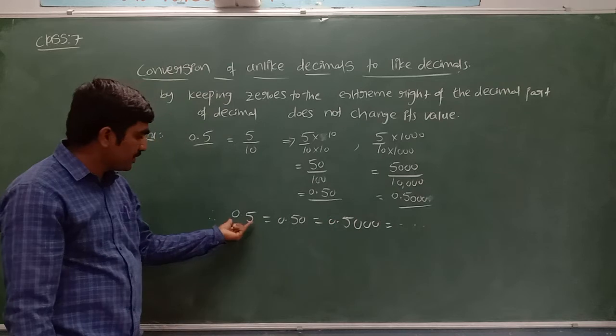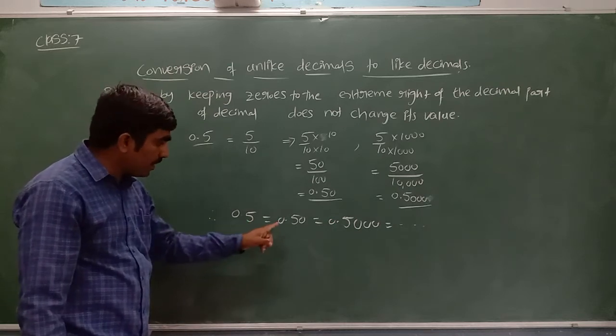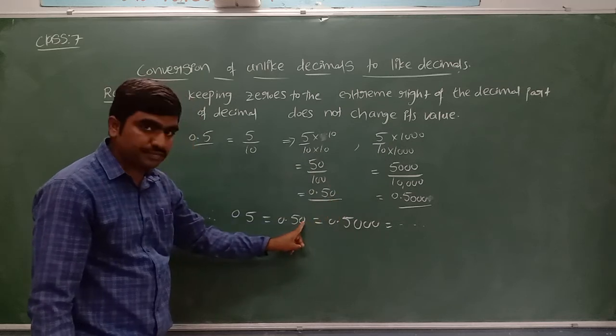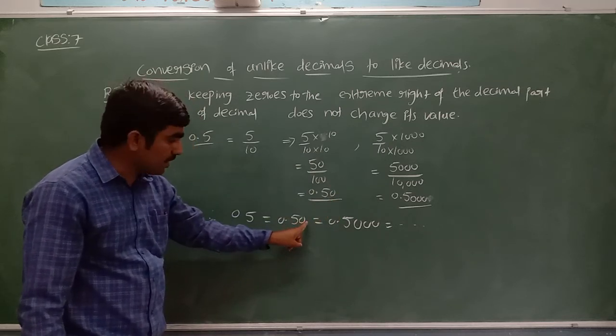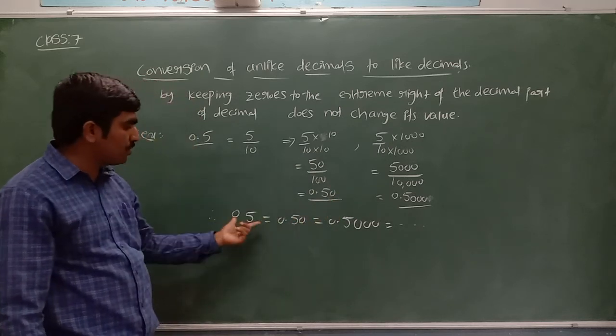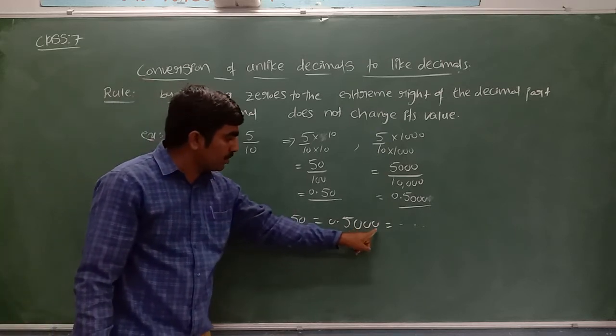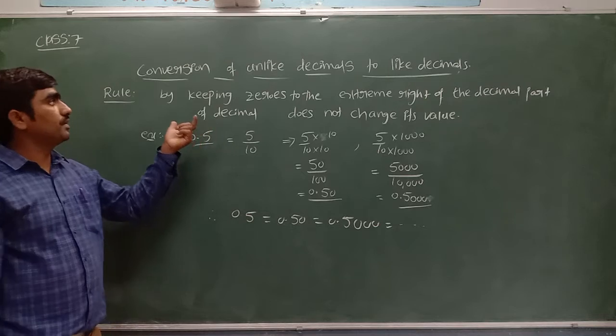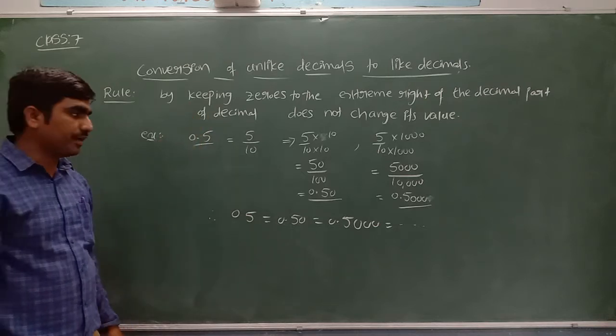No change. If we keep zeros at the extreme right side of the decimal part, it is equal to 0.5. So that is the way we can convert unlike decimals into like decimals.